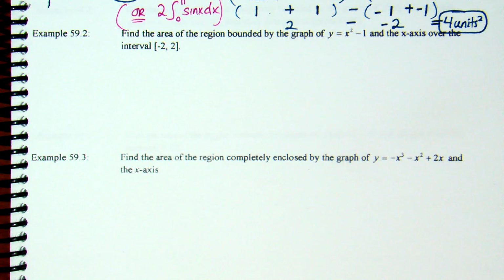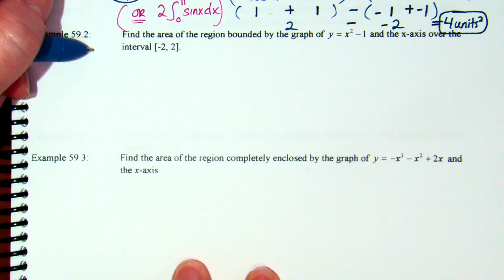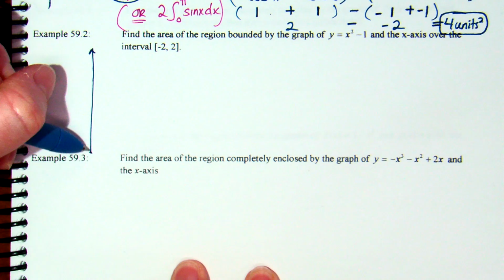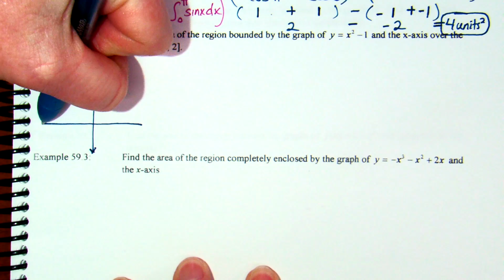And trust me, you need a picture in this one because there are some things to take into account. So, what do you know about this graph? It goes out 2 each direction on the x-axis. On the y-axis, it goes from 3 to negative 4.